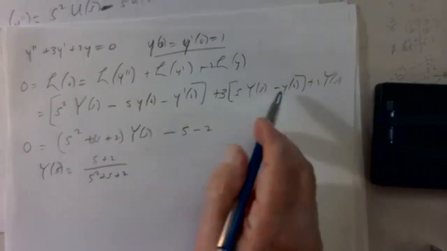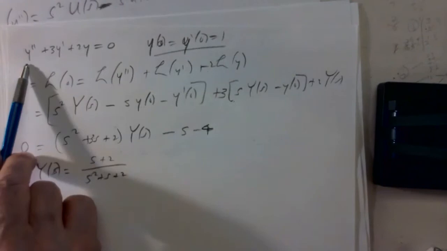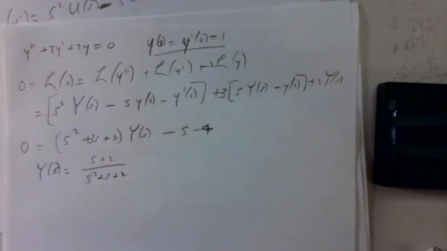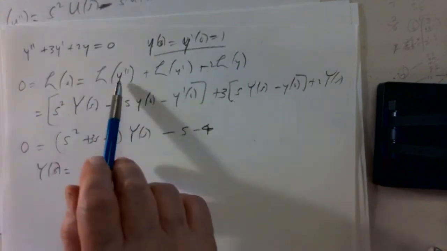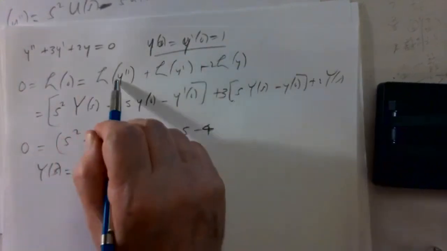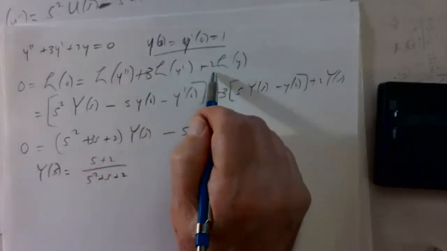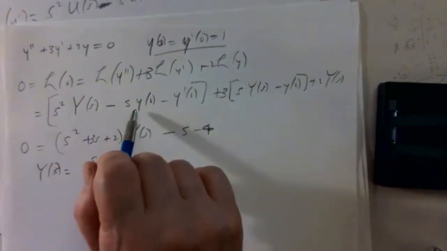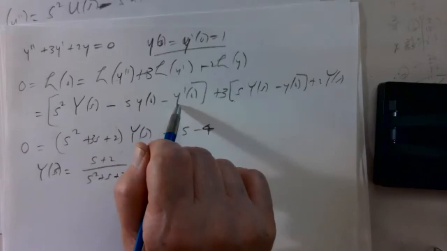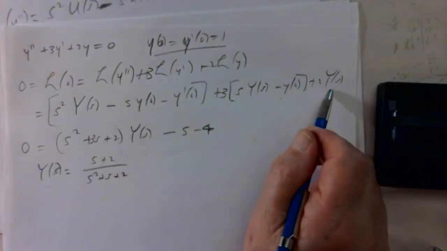So this is my differential equation, y double prime plus 3y prime plus 2y equals 0. You take the Laplace transform, you get 0 is the Laplace transform of y double prime, plus 3 times the Laplace transform of y prime, plus 2 times the Laplace transform of y. So this is s squared Y minus s minus y prime, 3 times this, 2 times this.